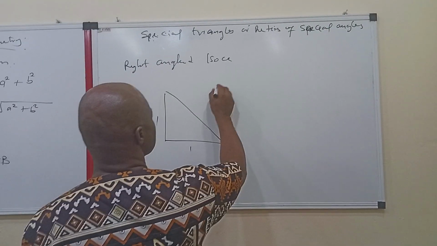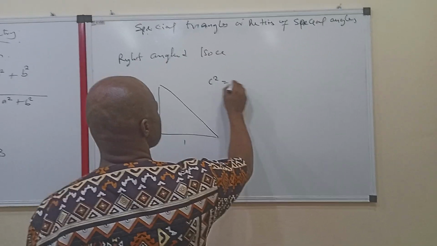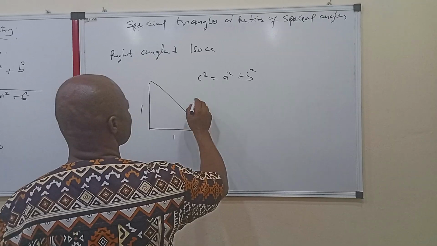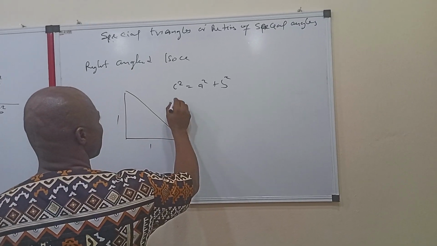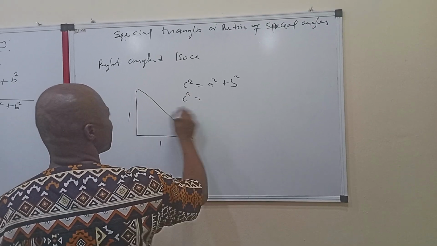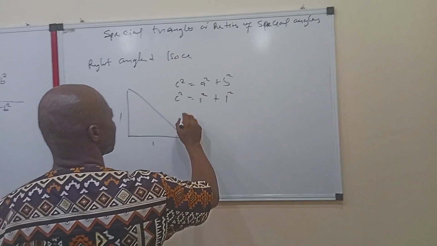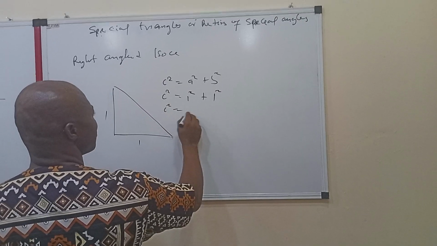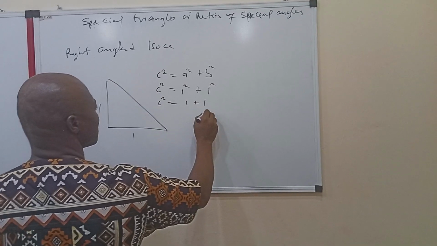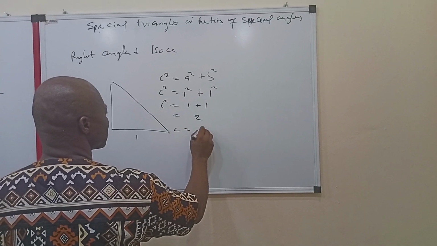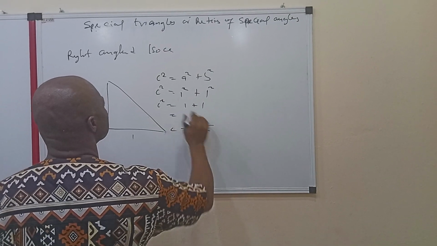The Pythagoras theorem says c squared is equal to a squared plus b squared. So here a is 1 squared plus this other side is also 1 squared. Therefore, c squared will be equal to 1 plus 1 equals 2, so that we have c as the square root of 2.